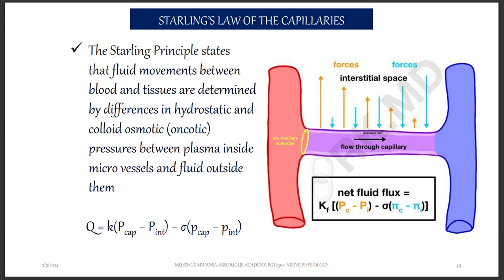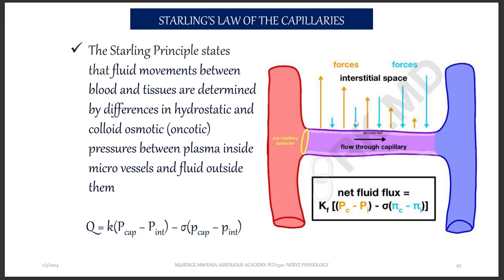So to find the rate of flow of substance out of the blood vessels, we are going to get the amount of force trying to push things out. Okay, so we want to find out the rate at which fluid will be able to flow out of the vessels.